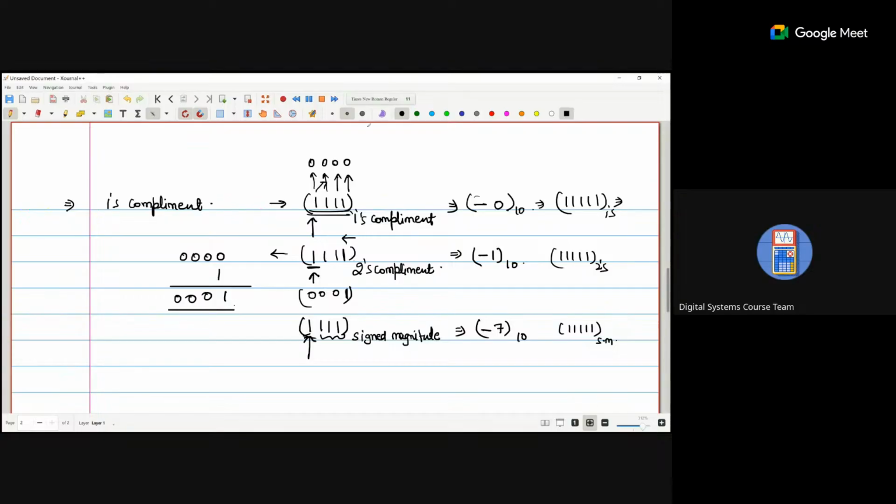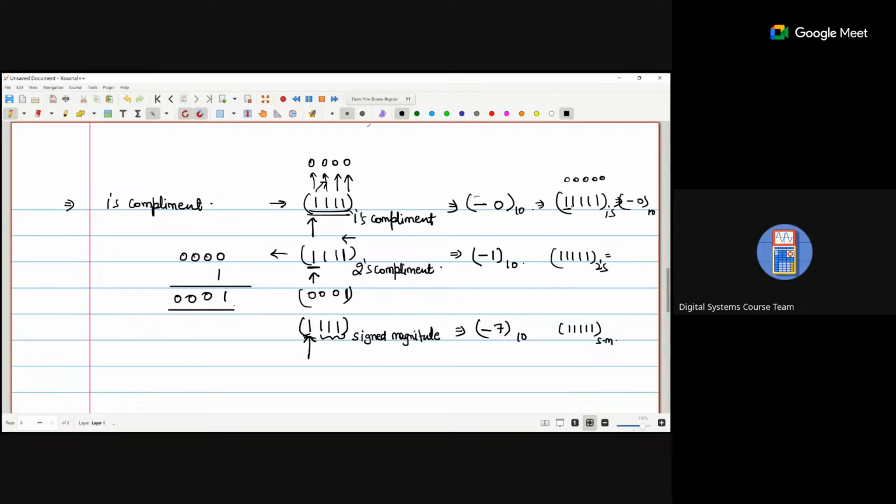Check the MSB first. The MSB is 1, negative. So flip all the bits: 0 0 0 0 0. So minus 0. Any change? Whether I represent it in 4-bit or 5-bit, no change. The decimal equivalent is the same.